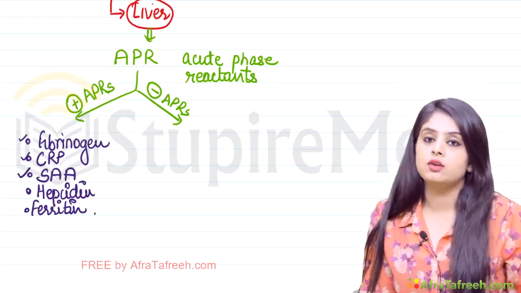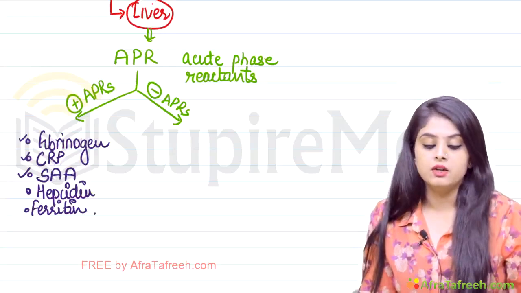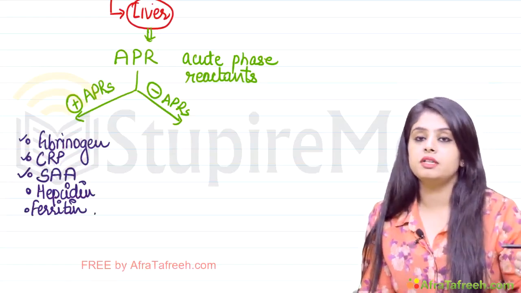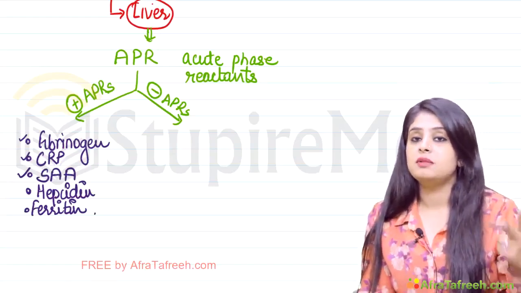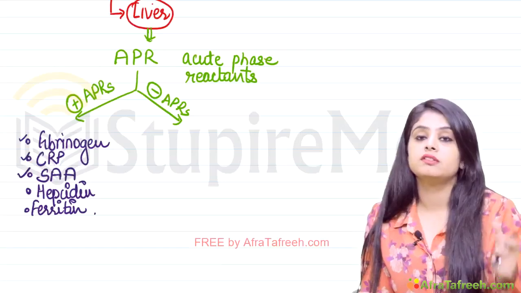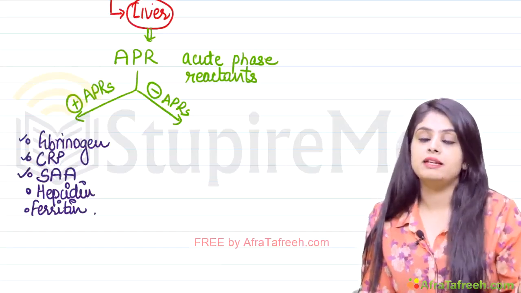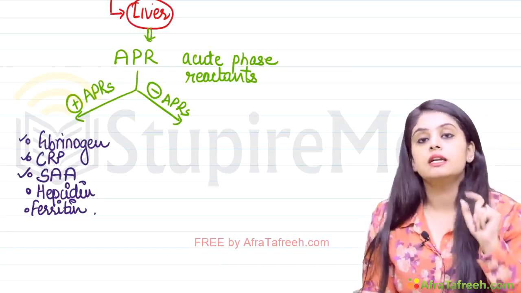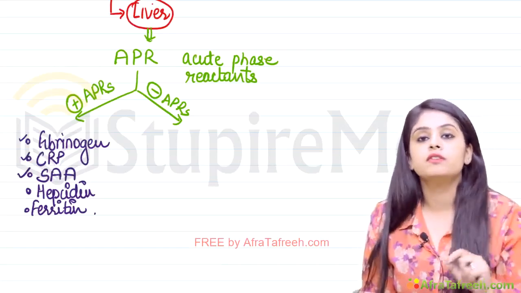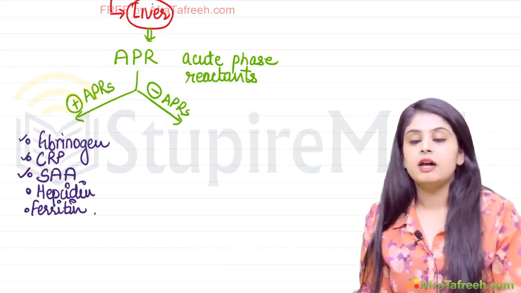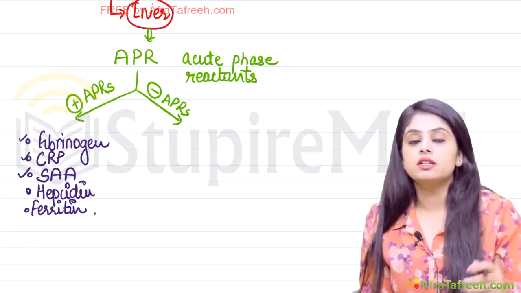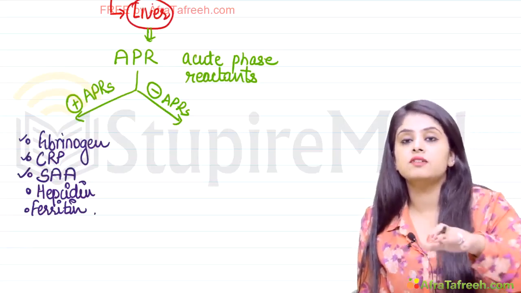So fibrinogen, CRP, SAA. And please recall, CRP was C-reactive protein, in which the C was standing for capsular polysaccharide of pneumococcus.